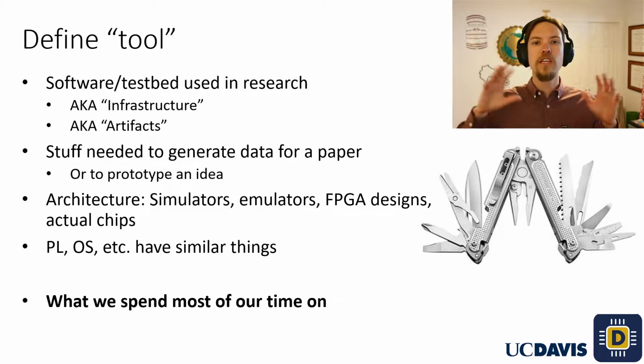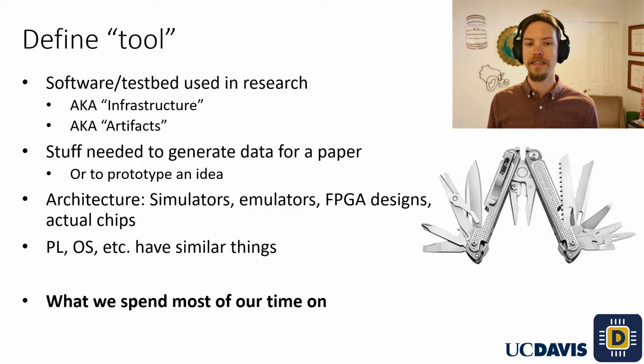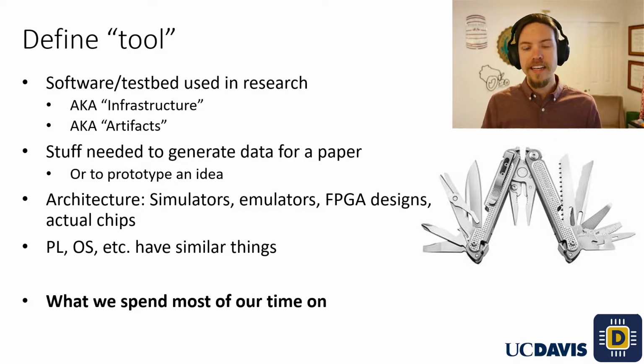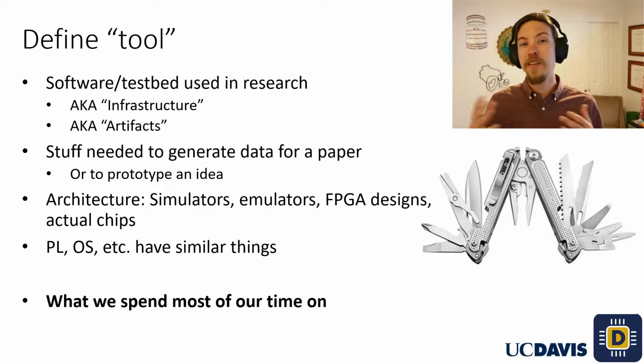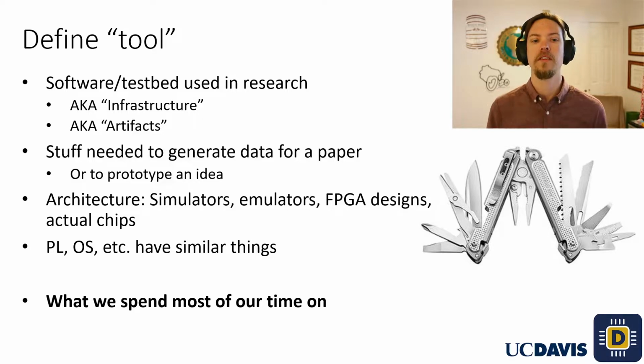Basically, it's whatever we used and developed to generate the data that we gathered in our evaluation of our research ideas. So in computer architecture, which I'm a computer architect, this is things like software simulators, software emulators, FPGA designs, which is also kind of software, and even actual chips. These are tools that we're using in order to do our research.